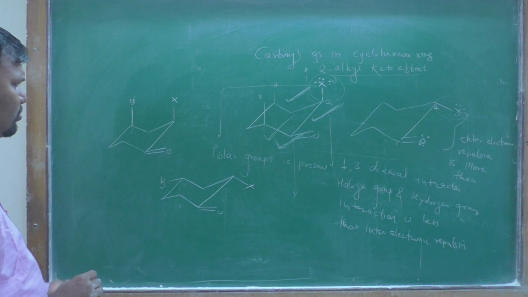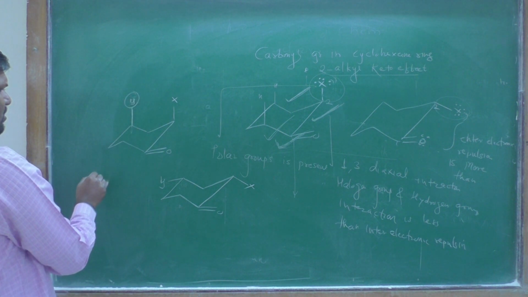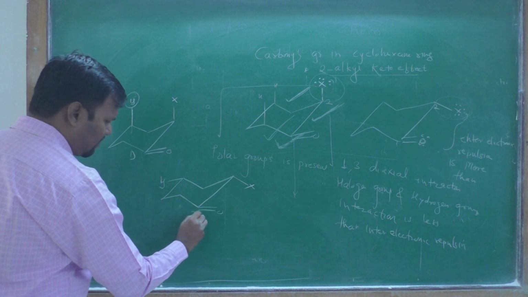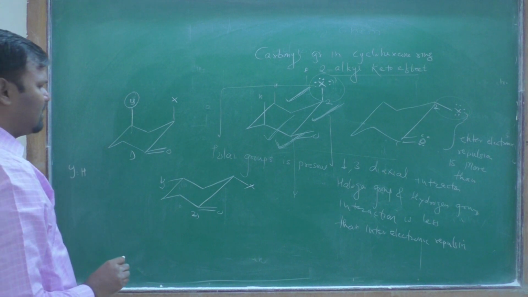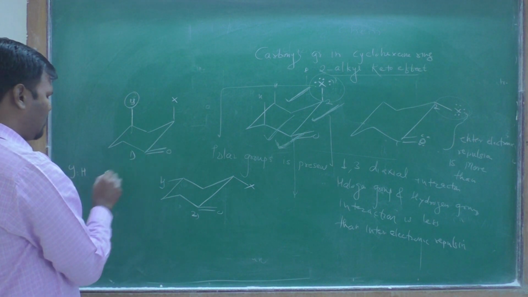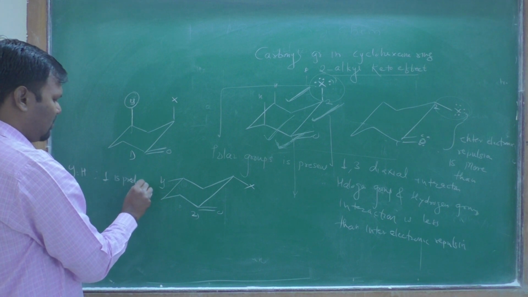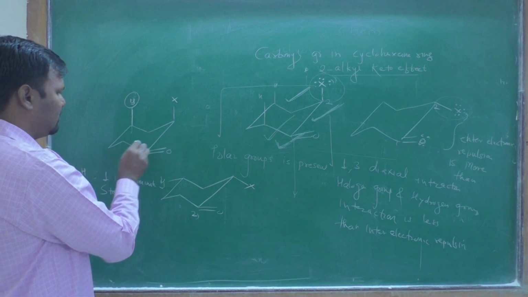Like that, two situations are there. Remember, if Y is the hydrogen, then you found that compound number 1 is predominant and stable. It is found in this conformation.